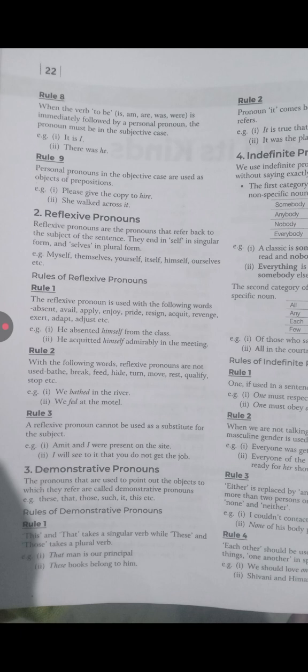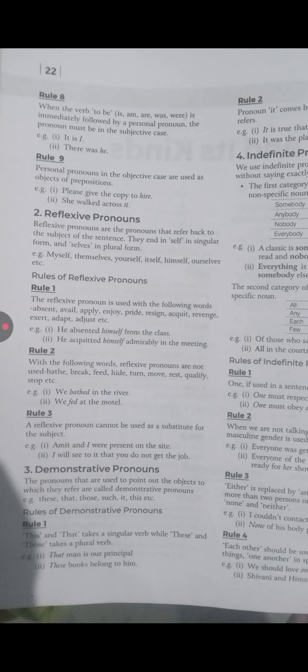The rules of reflexive pronoun. Rule 1. Reflexive pronoun is used with the following words: absent, avail, apply, enjoy, pride, resign, acquit, revenge, expert, adapt, adjust, etc. So he absented himself from the class. He quitted himself. So these are the common verbs we use with reflexive pronouns.